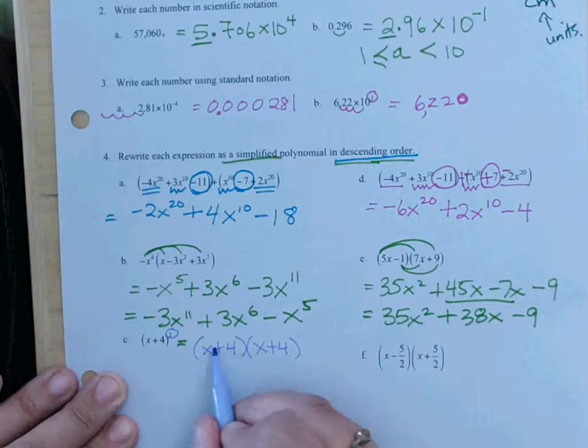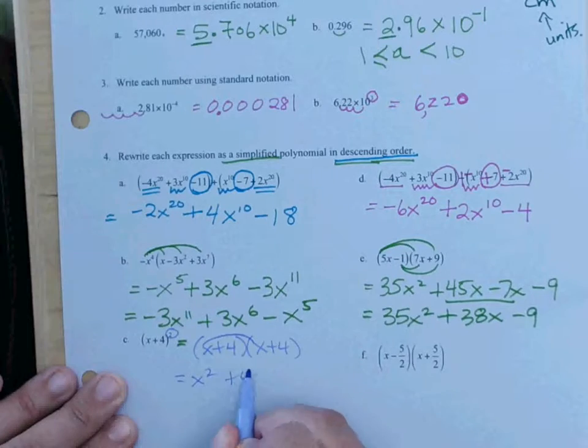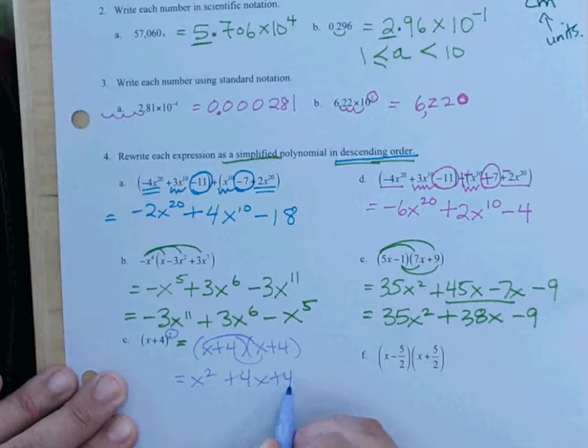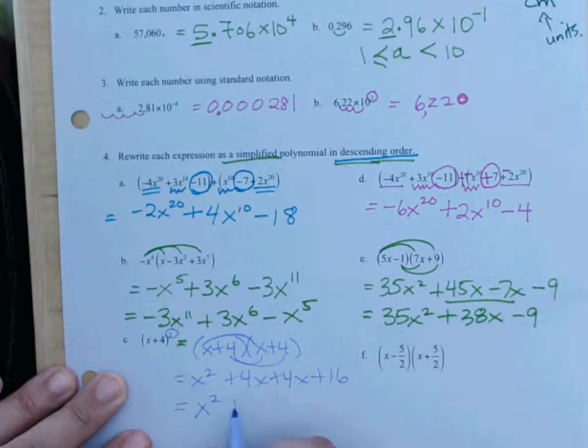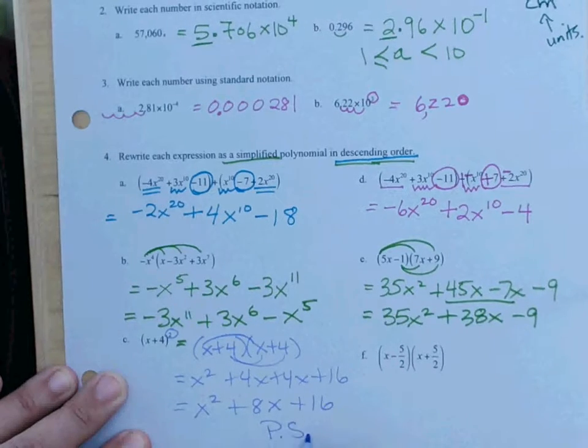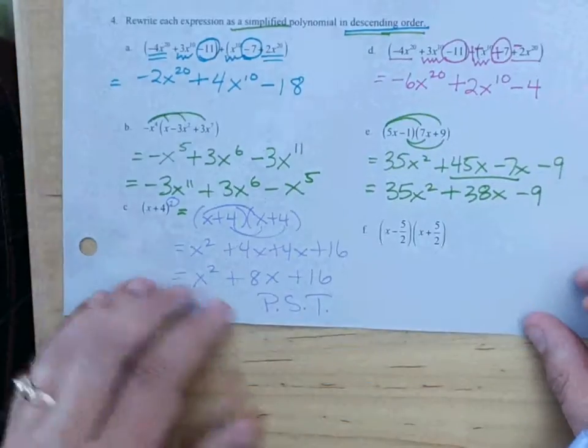When you times it by itself, you get x times x is x squared, 4x, another 4x, and 16. So we call this a perfect square trinomial, PST, for perfect square trinomial.